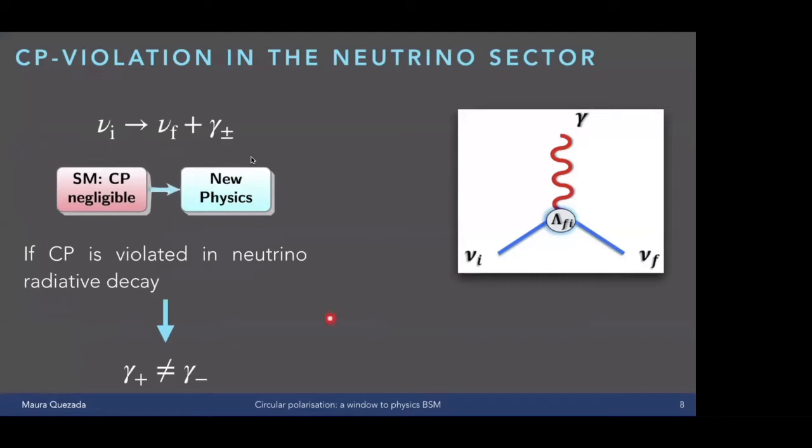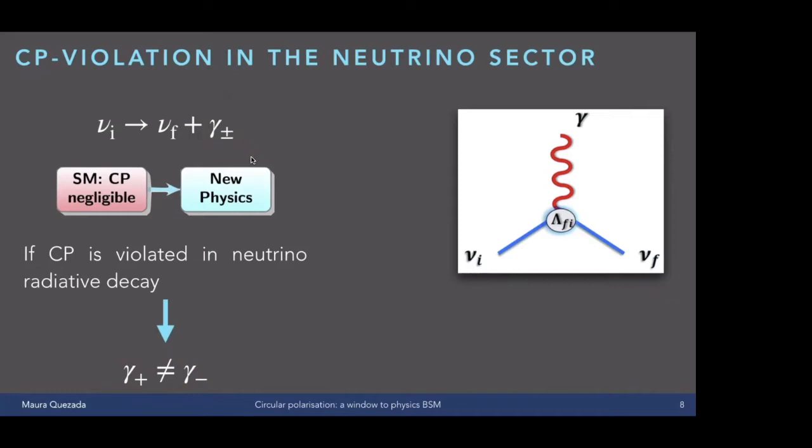So if in this process, in the heavy neutrino decays, we have CP violation, then we can generate photons that will be circularly polarized. And if there is CP violation in this process, then one process will create more of one kind of polarization than the other, and then you will be able to observe a net circular polarization.